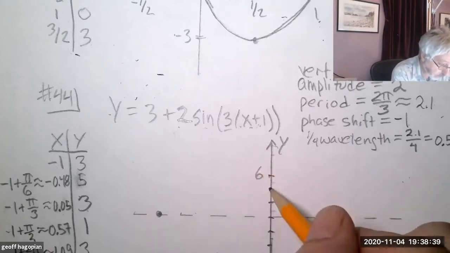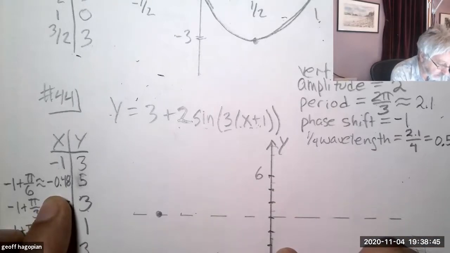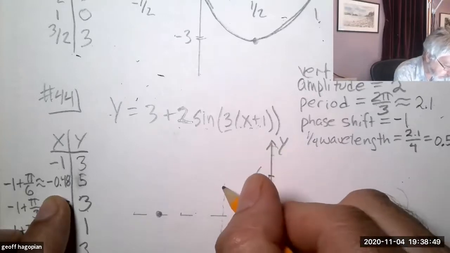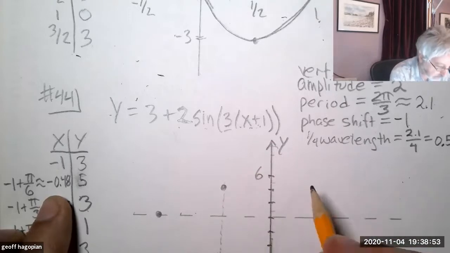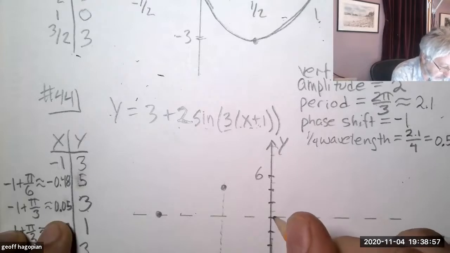Then we're up at a peak at -0.048, which is just a hair to the right of, you see why we had to go to decimals here, right? Because, and then 0.05 is just a hair to the right of the y-axis.